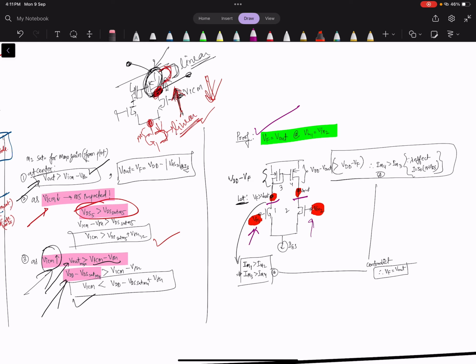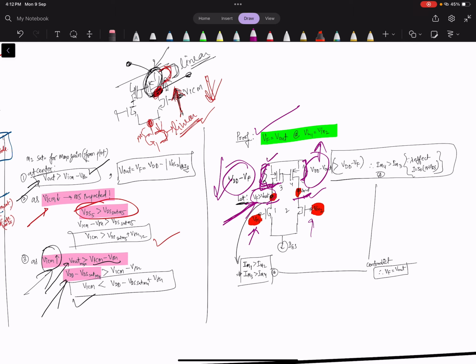So let's say that Vf is increased, that is Vf is greater than V out. So this voltage is greater than this. What is this voltage? VDD minus Vf is less, and since V out is less, this voltage is more. So what does it mean? Because of the channel length modulation effect, if you visit the previous videos on the basics of MOSFET, a higher VDS will have a higher current.